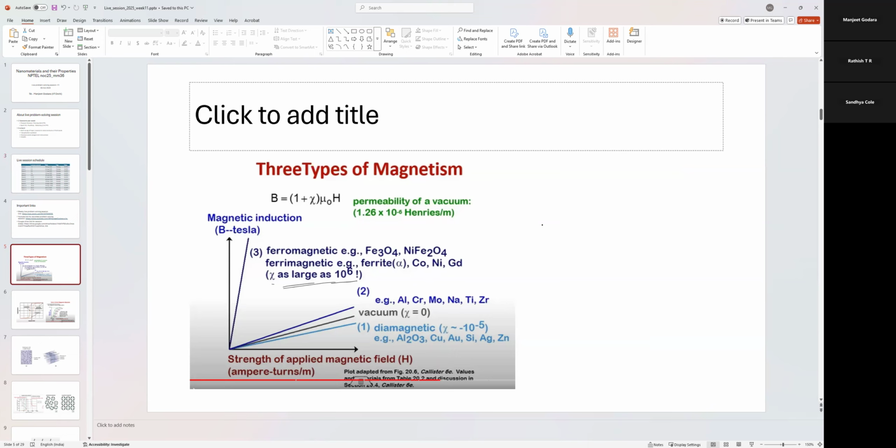First we have your ferromagnetic, where the susceptibility is very high.